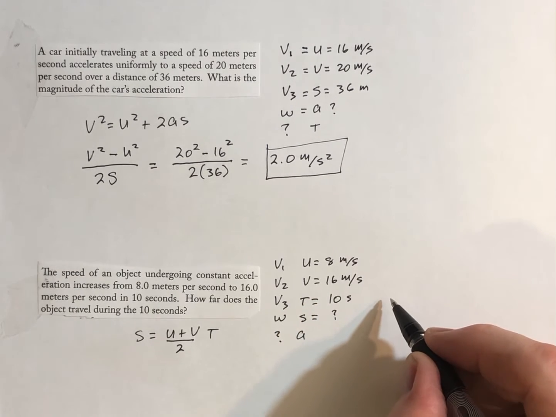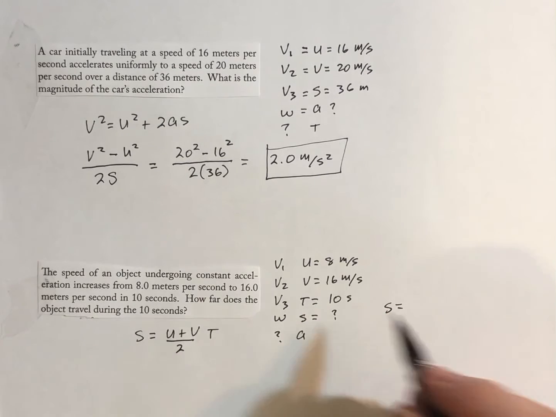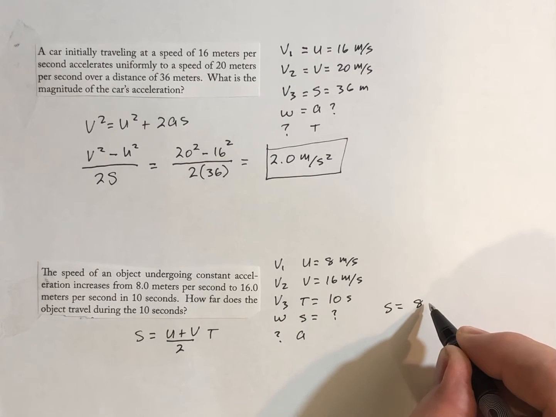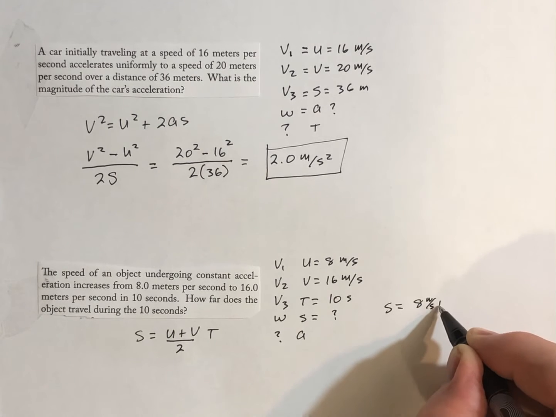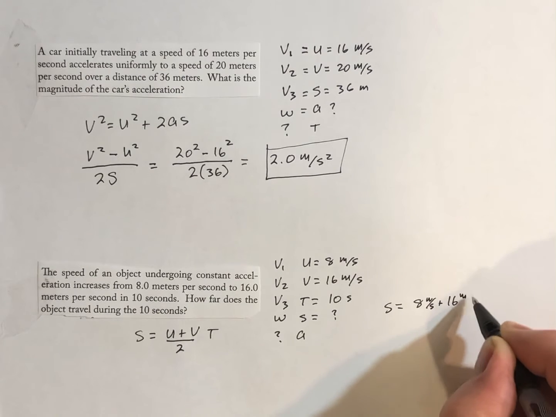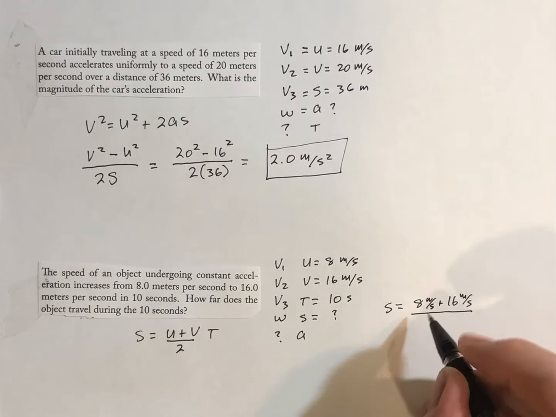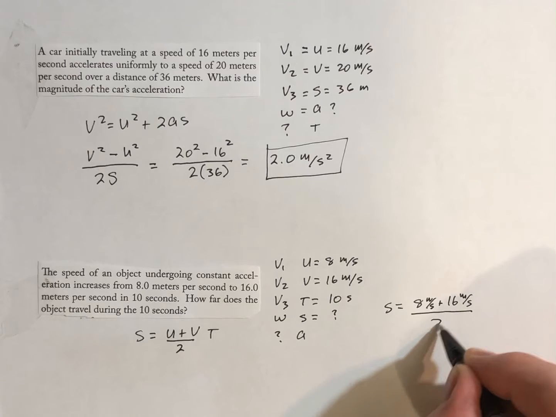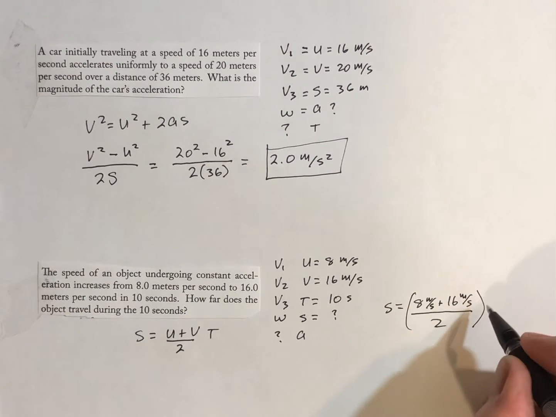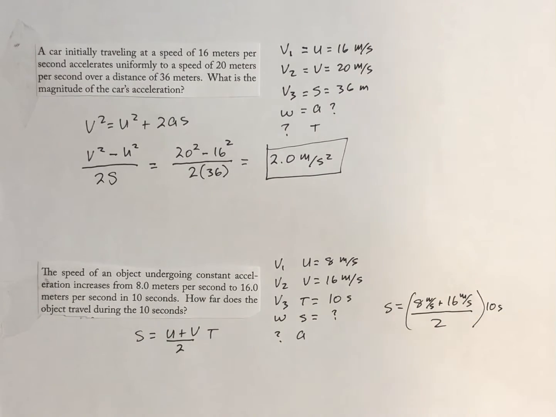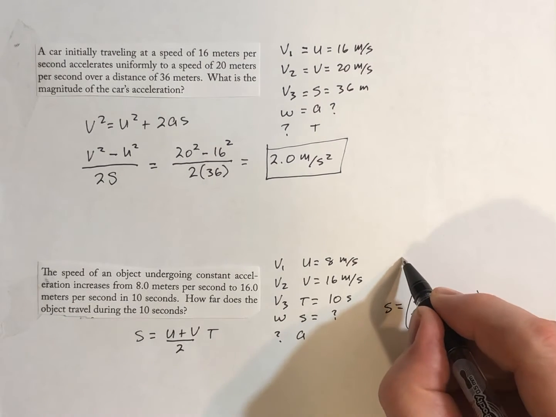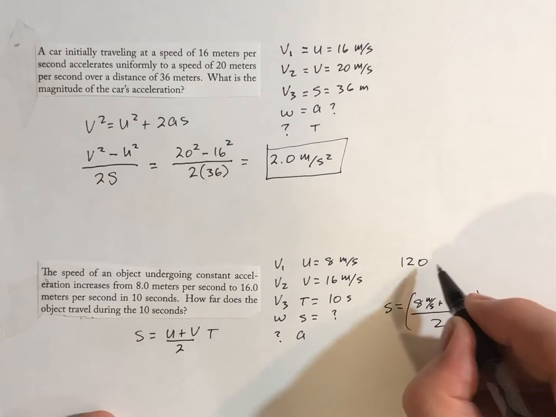Since I'm looking for S, that works out. My U is 8 meters per second, and I'm going to add 16 meters per second. I'm going to divide that by 2, and multiply the whole thing by my time, which is 10 seconds. So I have 24, if I add those two together, divided by 2 times 10, which gives me an answer of 120 meters.